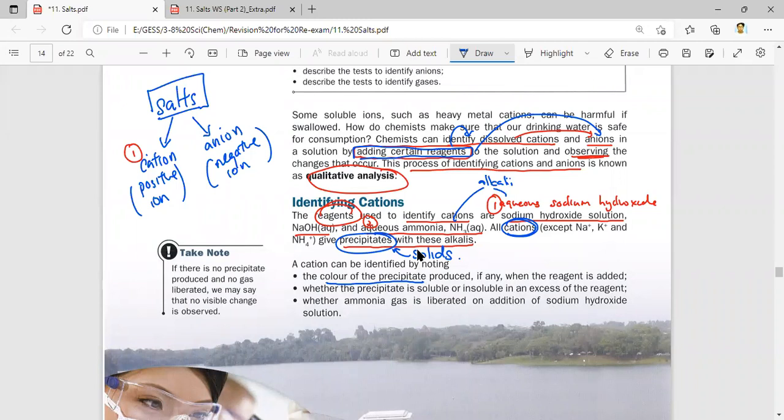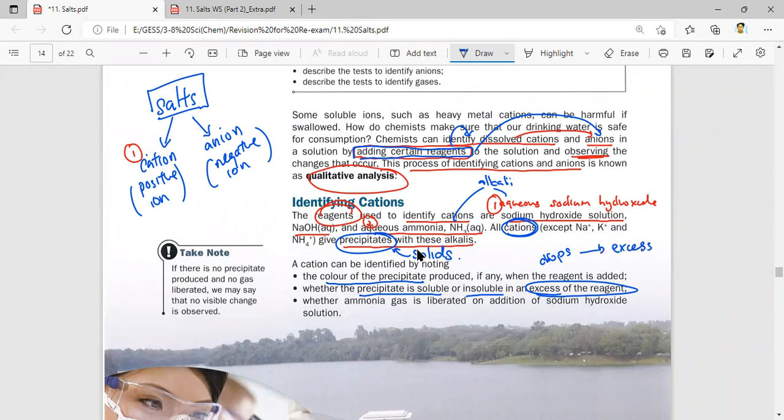We will also find out whether the precipitate is soluble or insoluble in excess of the reagent. Excess of the reagent means you add a lot more. So typically in the reaction, we will add a few drops first. We will do drop by drop to see the precipitate. After that, we will add in excess.